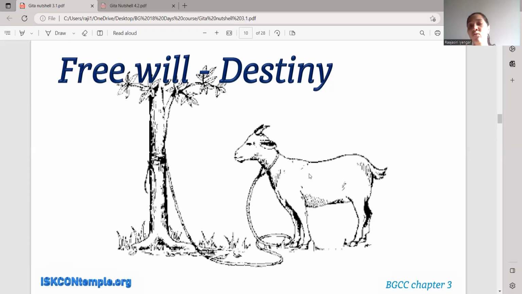So who decides to which tree this goat will be tied, what length the rope will be, and which part of the land will this goat be tied? Does the goat have control over these things? Which tree it is tied to, which rope is used to tie it, how long the rope will be, which grass it is tied on, or which land it's tied upon. The goat, does it have control over this?